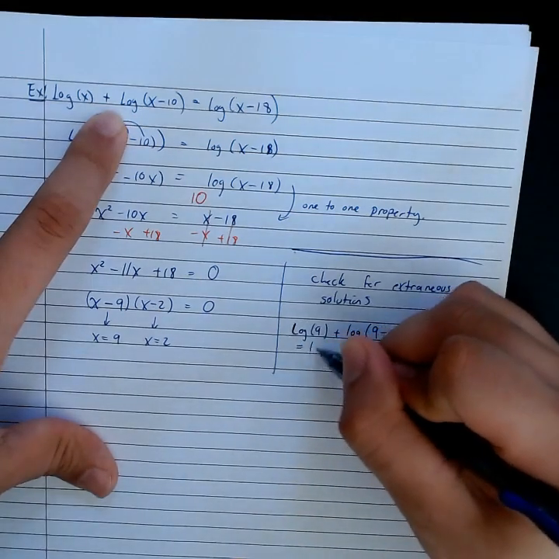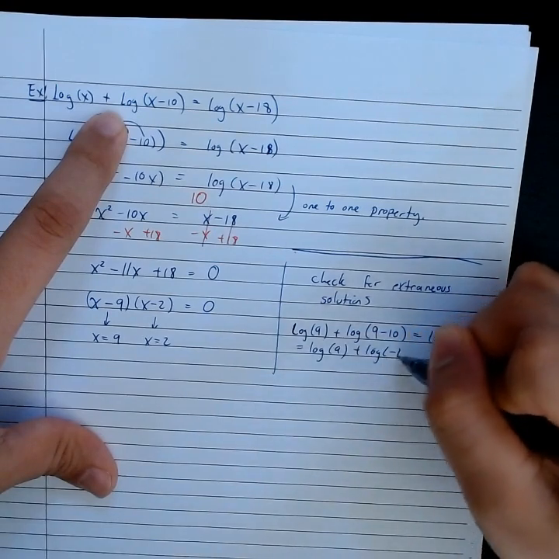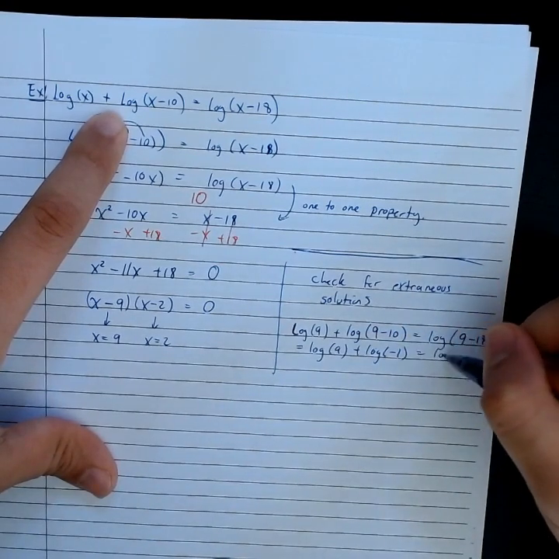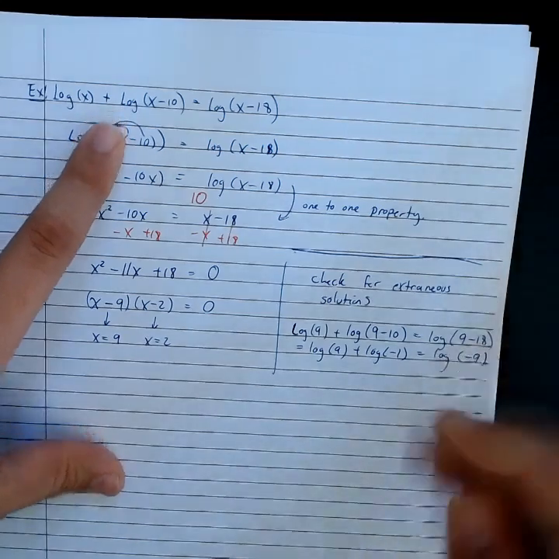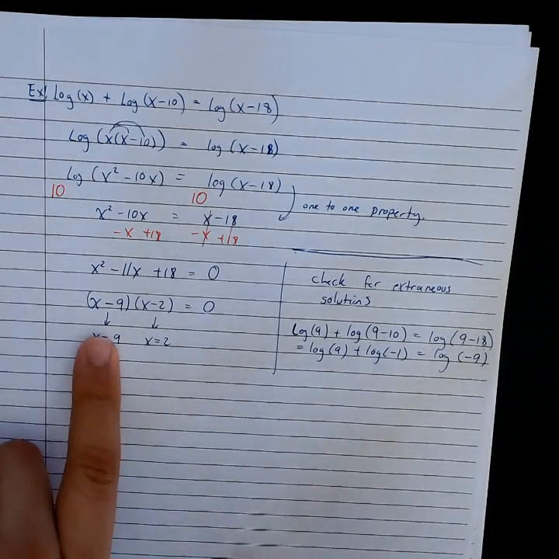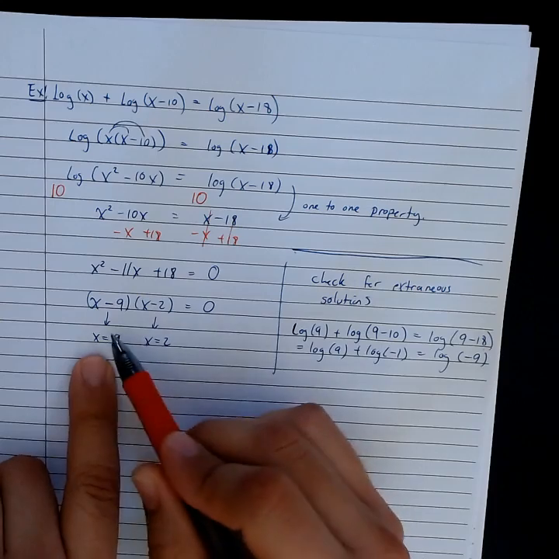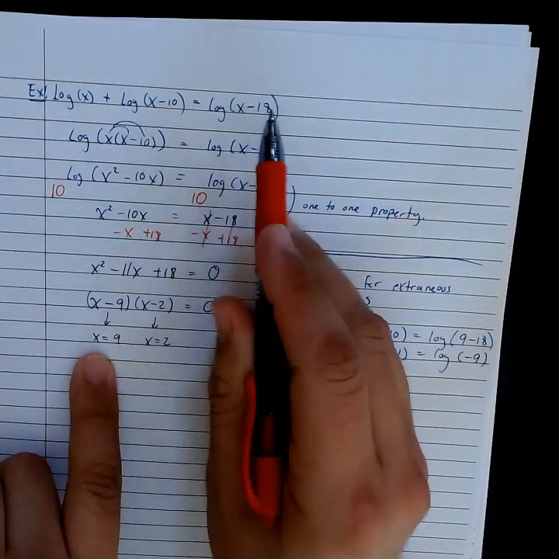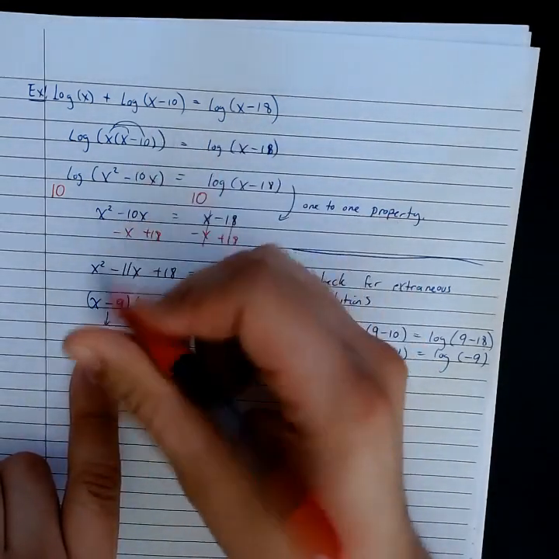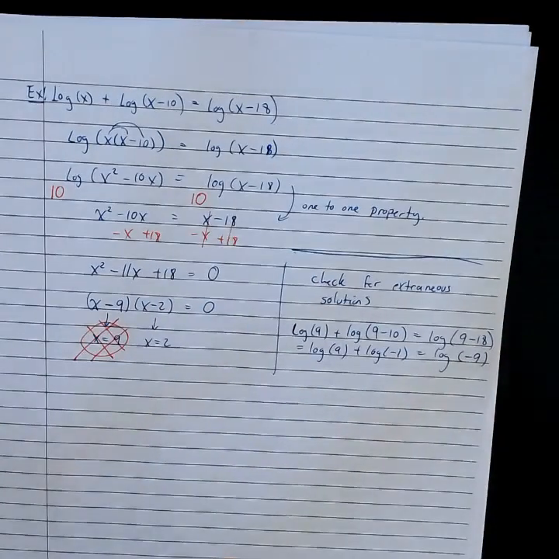So that's log of 9 plus log of negative 1 equal to the log of negative 9. And since the way we define our logarithms does not allow for negative arguments, that means that 9 is not a valid solution. So even though that's a positive number, that doesn't matter. When you plug it in here, these arguments become negative. So here that's extraneous.